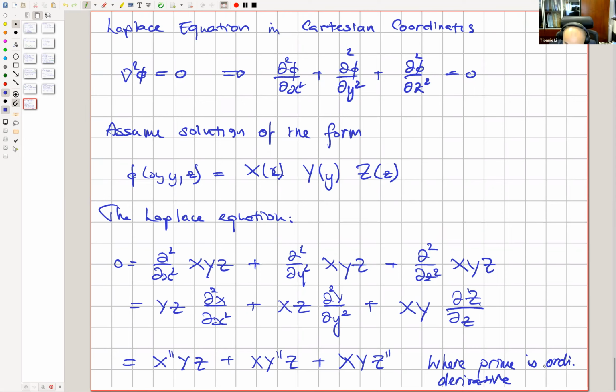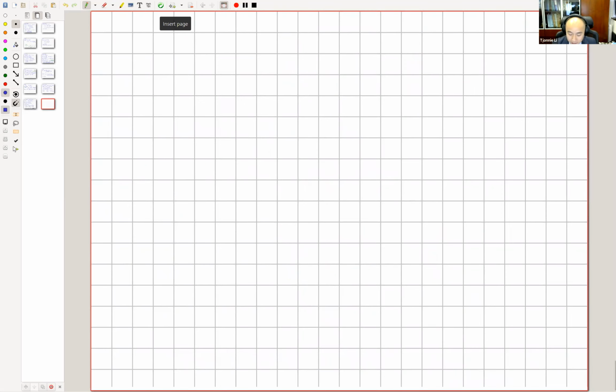Okay. So now we have a little bit more magic to do. Divide both sides of the equation by phi of x, y, and z, right? So we divide both sides of the equation by phi, and so what do we get?